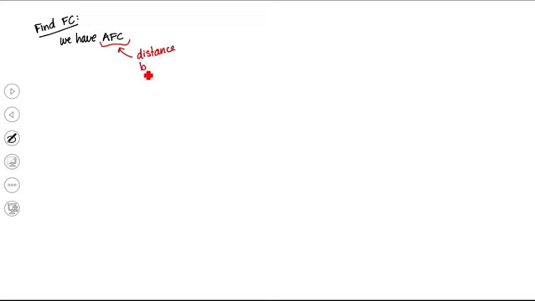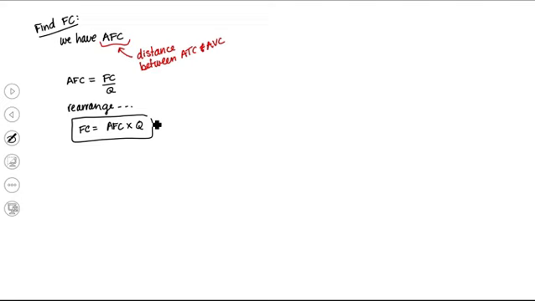The distance between average total cost and average variable cost, right? So we have those two. So if average fixed cost equals fixed cost divided by Q, I can rearrange to get fixed cost equals average fixed cost multiplied by Q, right? Everyone with me there?